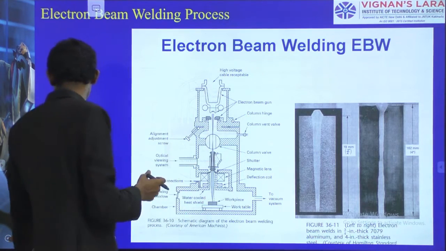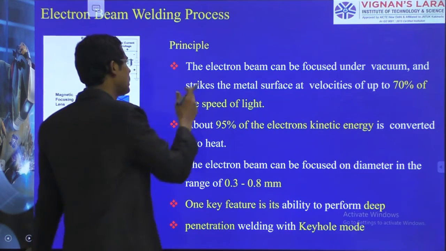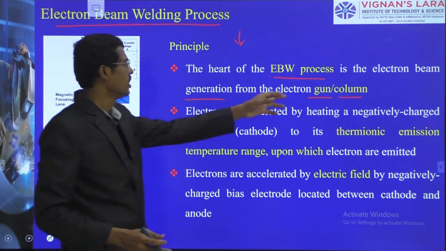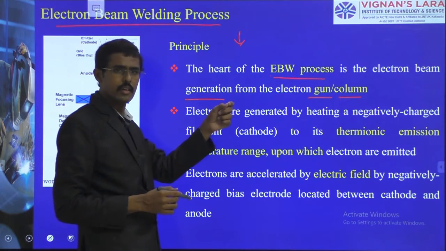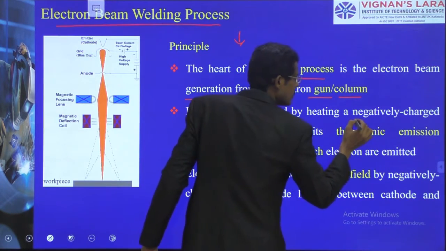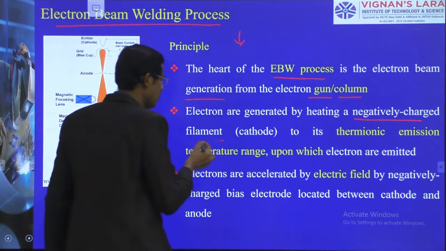That is what we are trying to do in electron beam welding. Electron beam welding uses a small gun. Electrons are generated by heating a negatively charged filament.